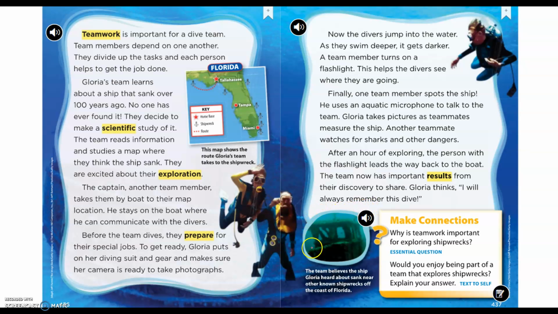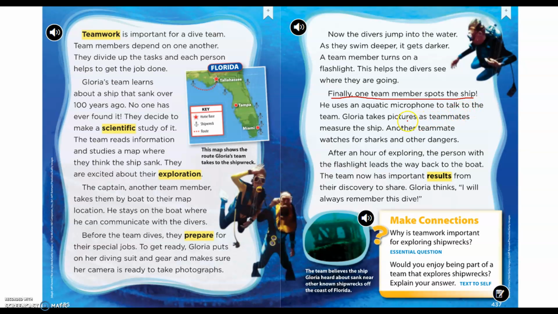And our last text feature is another photograph. What do you see in this photograph? You probably said you see the sunken ship. The caption says, "The team believes the ship Gloria heard about sank near other known shipwrecks off the coast of Florida." So I'm looking back at the text and I see the words, "Finally, one team member spots the ship."